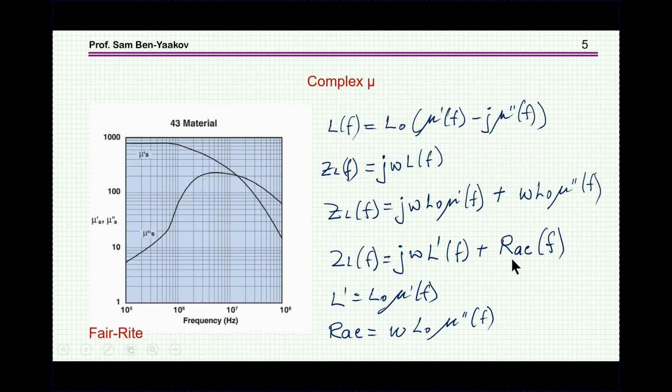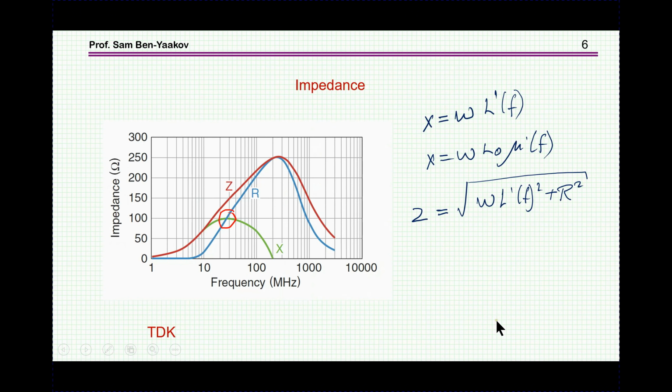This resistor is kind of strange. It's frequency dependent, so at DC there's no resistance, and it depends on the frequency and on this mu. The higher the mu, the higher this value will be. So typically, the manufacturer will give us this type of information. Here we have the impedance of an element.